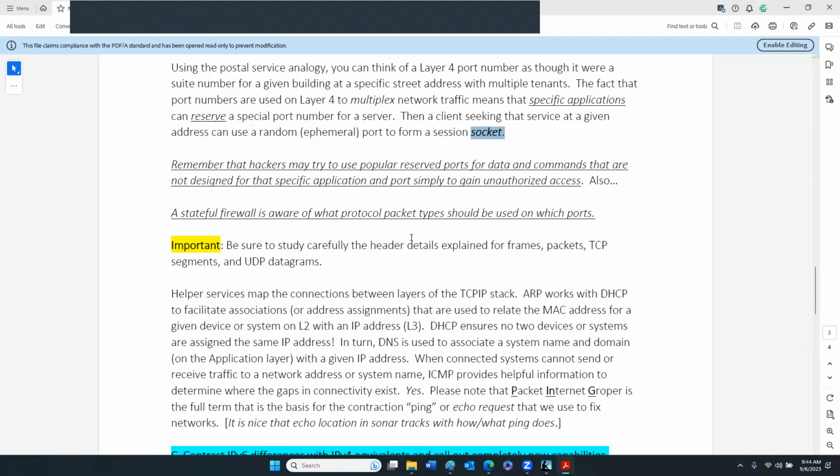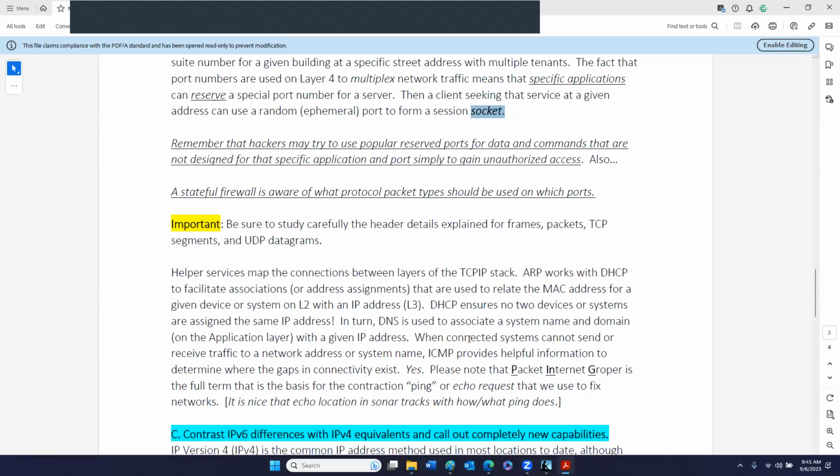UDP doesn't do that. UDP is more like, hey, I'm just dropping off the bulk mail, addressed to resident at. Think of UDP as for public distribution, like a sales catalog or a flyer from your local community. Those kinds of deliveries are handled by UDP because it doesn't care if you get all of it, as long as it's delivered.